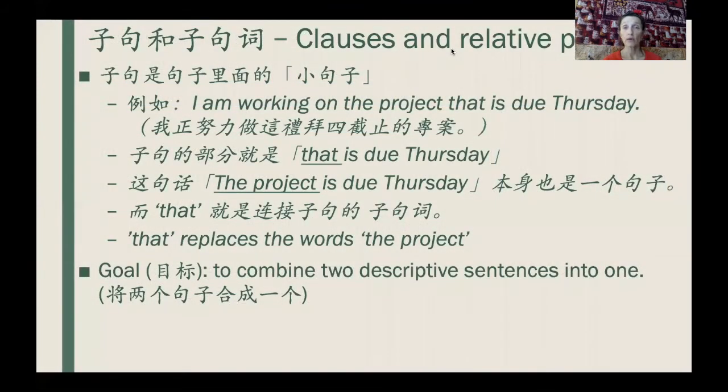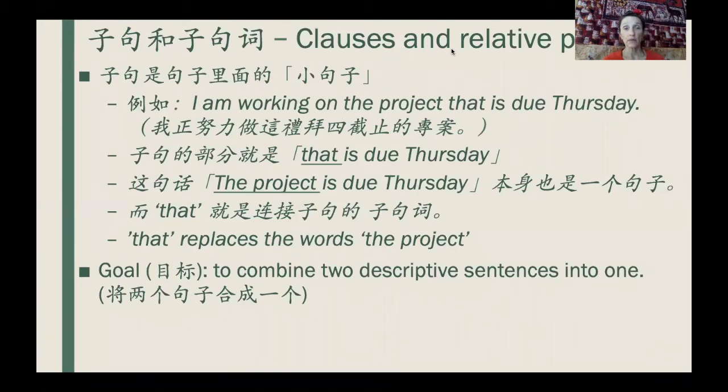So now we'll talk about clauses and relative pronouns. Relative pronouns. And Teacher Warren talked about this already. 老师 Warren 已经跟你们讨论这个主题. But I'll just review it. So 我会复习一下.